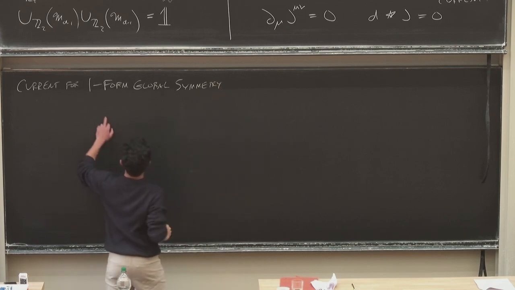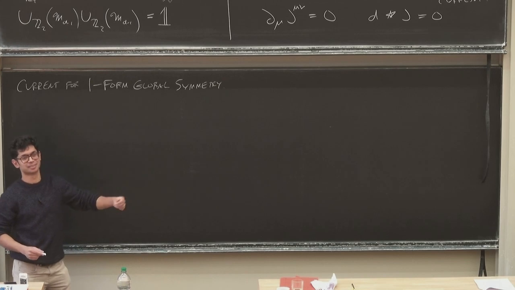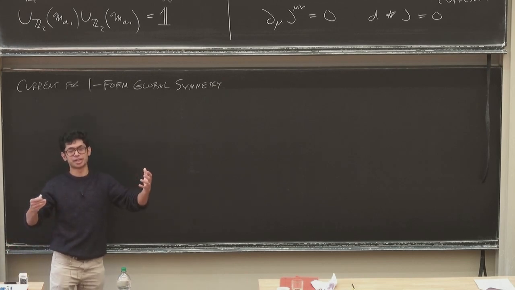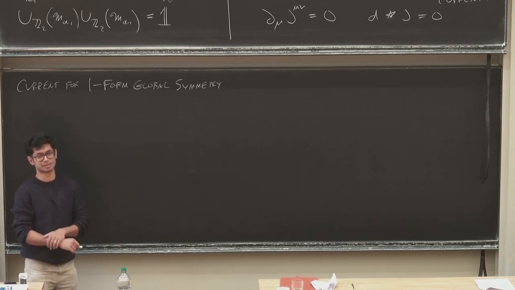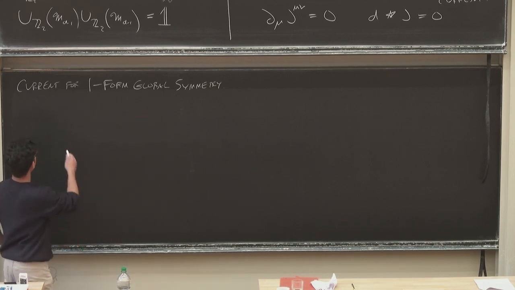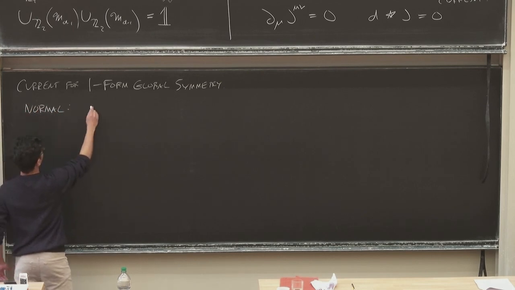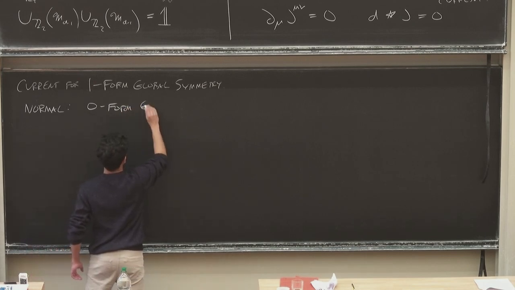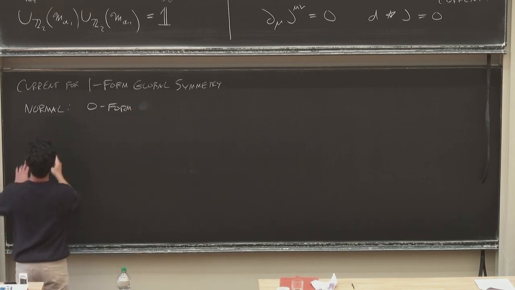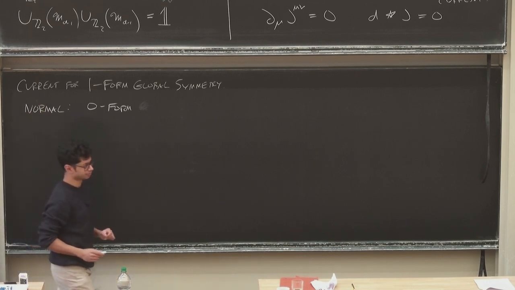The 1 is because that thing has 2 indices, and 1 is 1 less than 2. We're stuck with this notation. It makes sense a little bit later. But the number of indices of the current is 1 more than the forminess of the symmetry. So in that language, the normal one that we know and love is nowadays called a zero-form global symmetry. The symmetries I discussed yesterday were all zero-form. This is a one-form global symmetry.